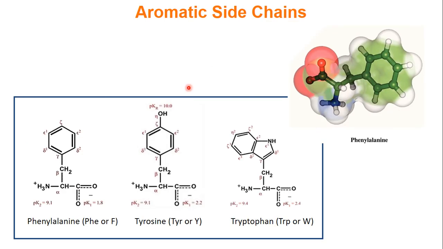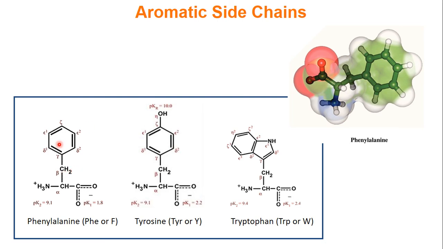Now let's go to our aromatic side chains. We have 3 aromatic amino acids. We have phenylalanine, tyrosine, and tryptophan. So phenylalanine is an easy amino acid to remember what it looks like, because if we remove this phenyl group, we would just have alanine. So alanine is just a CH3 right here.